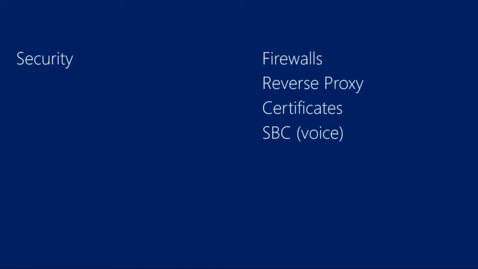Here's your security slide. Firewalls, reverse proxies, certificates, we'll get to that in just a second, and SBC for the voice. I like using a full SBC on a SIP trunk. If I'm going to be putting it in dial-in conferencing, I assume, perhaps incorrectly, that within about 6 months they're going to want full enterprise voice for at least a subset of their users. So why have them put in appliance A today, only to change it down the road?